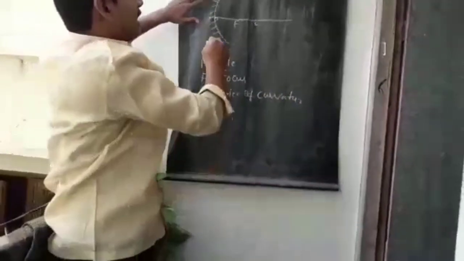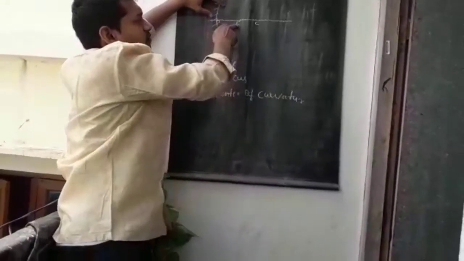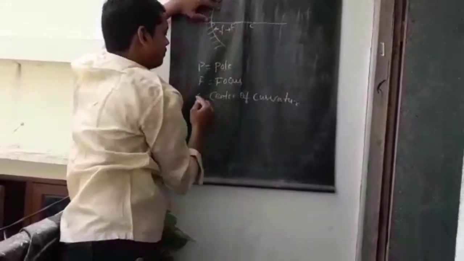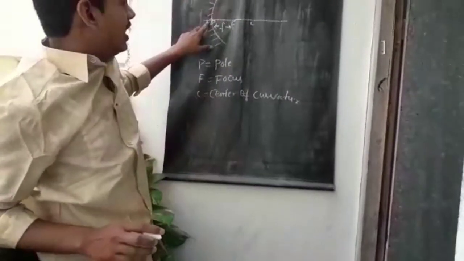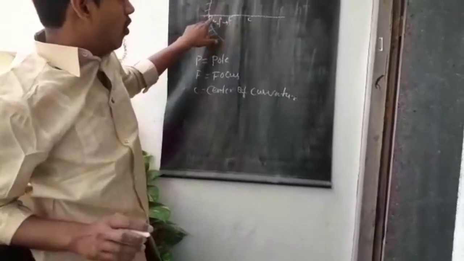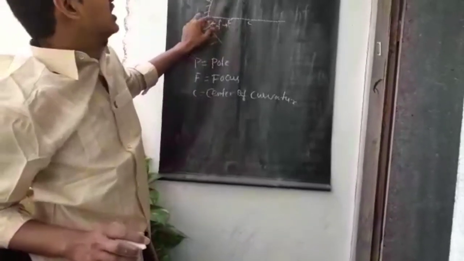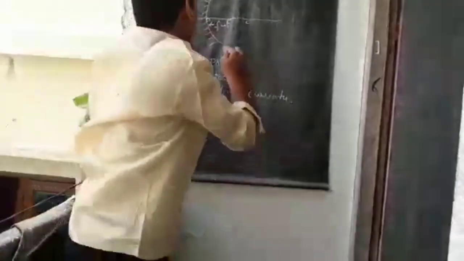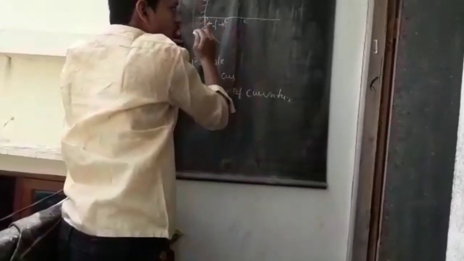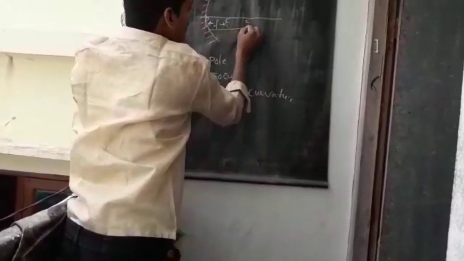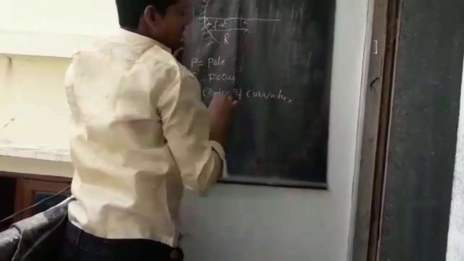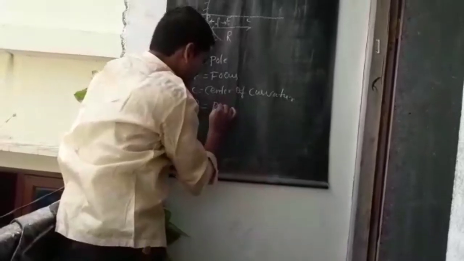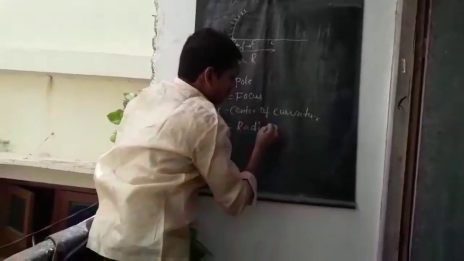The distance between the pole and focus is called the focal length, denoted with small f. From the pole to the center of curvature, this total distance is called the radius of curvature. R stands for radius of curvature.